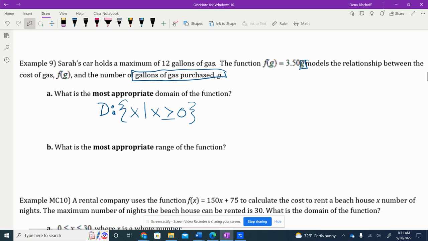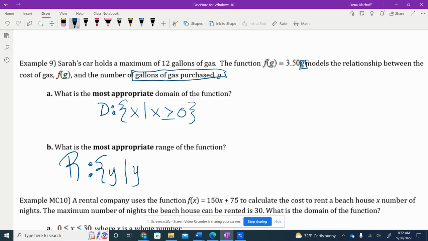What's the most appropriate range? Now we're thinking about the y values. Is it going to be all real numbers? If I purchase 0 gallons of gas, the output or the range is going to be $0. If I purchase 100 gallons of gas, the output is going to be $350. What can you tell me about the range?